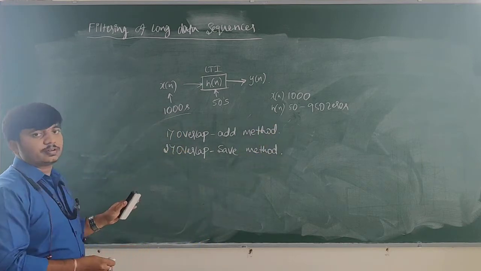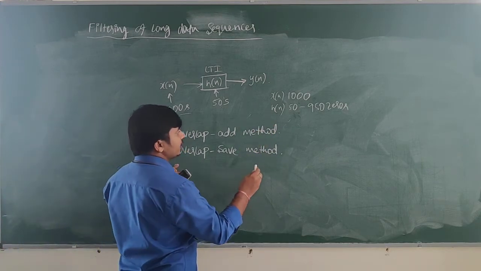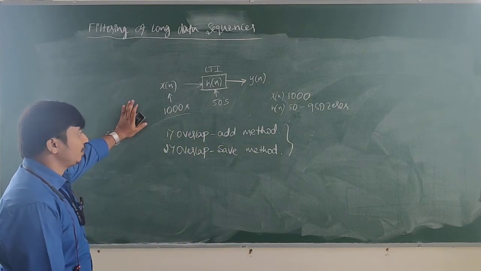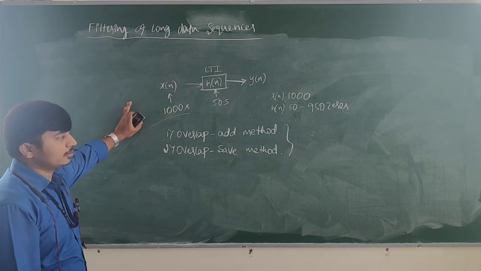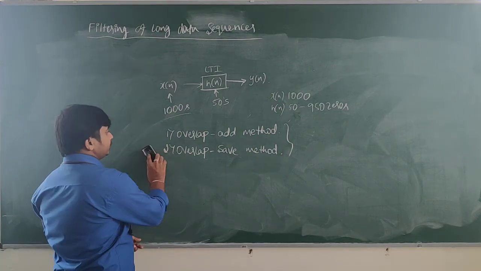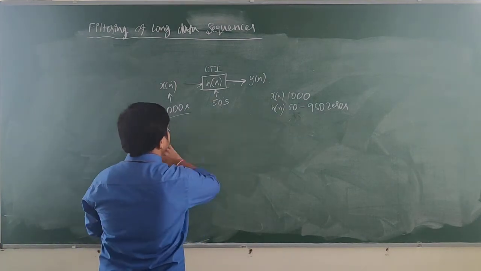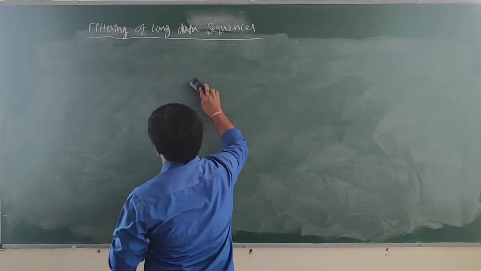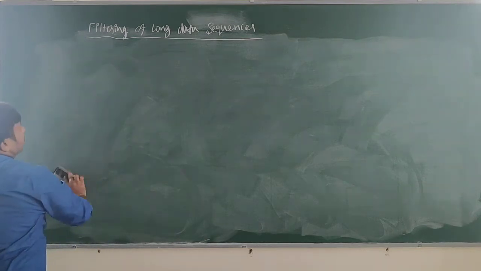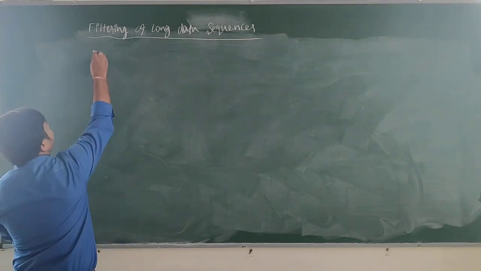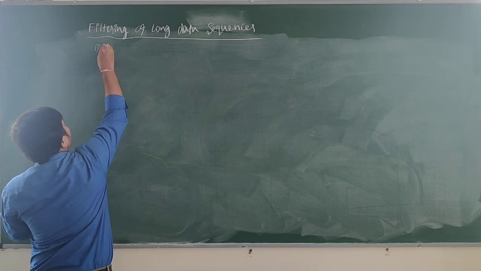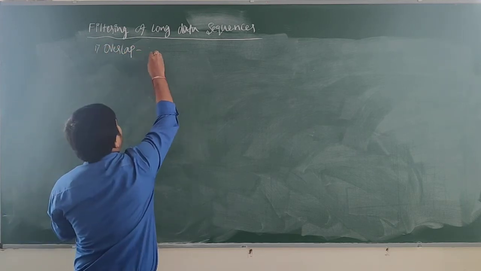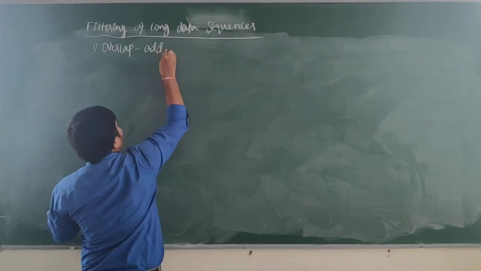These two methods are very important for the exam. So we will discuss what the overlap add method is and what the overlap save method is. The first one is the overlap add method.